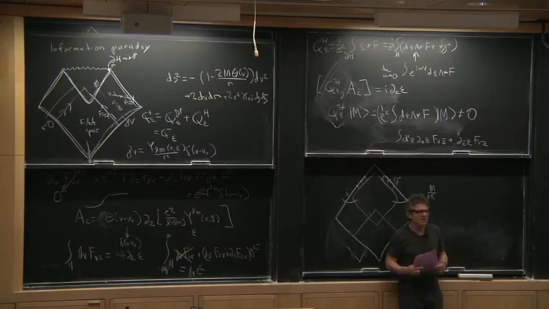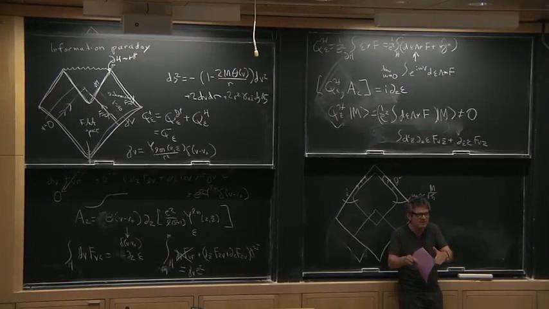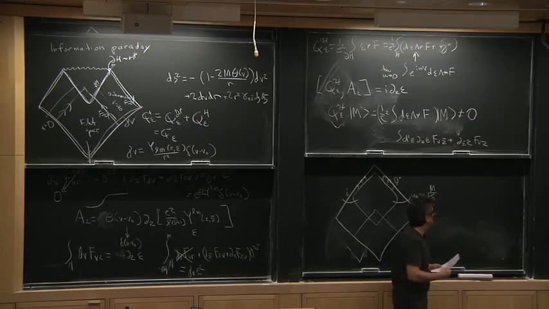So the whole information paradox arises in this picture where you can separate the formation and evaporation into a classical formation stage followed by quantum evaporation. Okay.